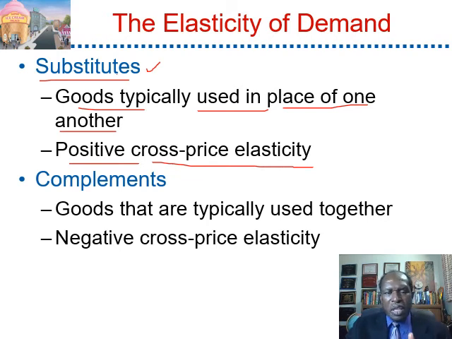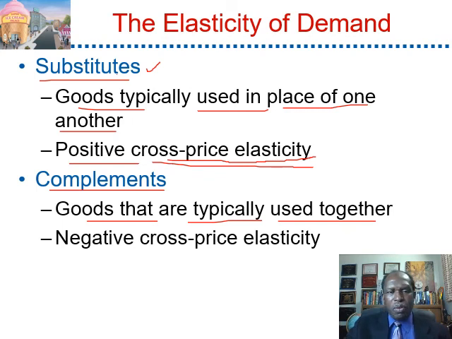For instance, if the price of Coca-Cola goes up, the demand for the substitute good, which is Sprite, will increase, and the cross-price elasticity will be positive. On the other hand, complement goods are goods that are typically used together. If you buy one, you have to buy the second one.